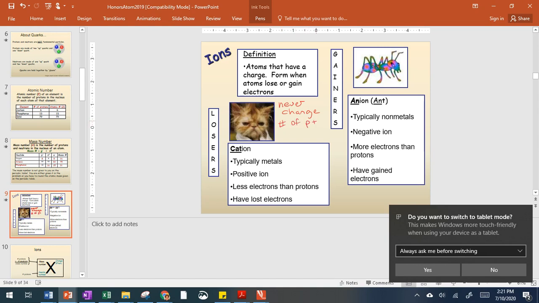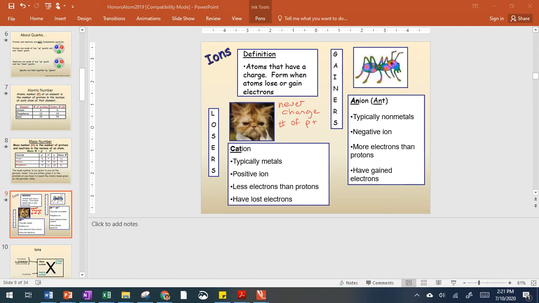Okay, so the reason why I have a cat and ant on this slide is a way to remember that ions that are positive are called cations. Think about when you were a kid and you were drawing a cat, you might have put a plus sign for its nose and then whiskers. And so here we have cation.